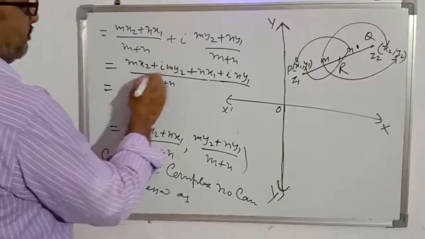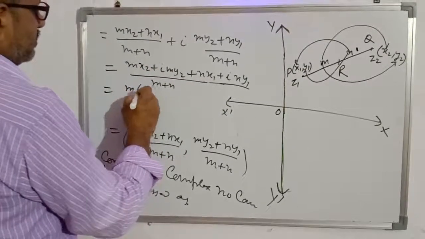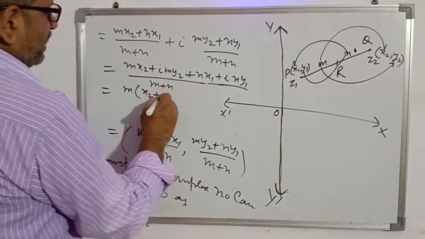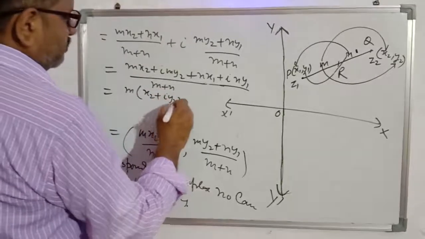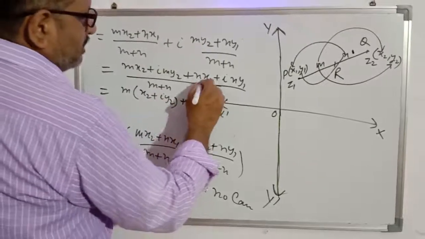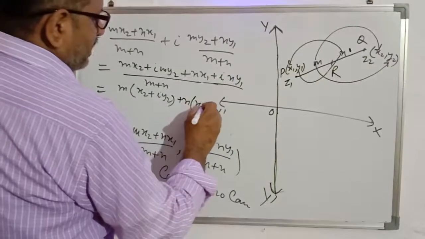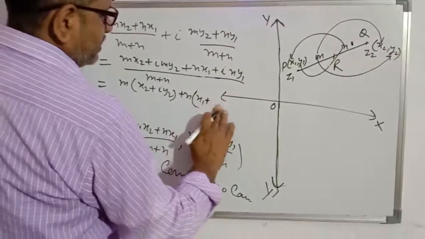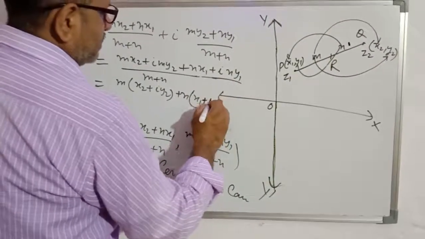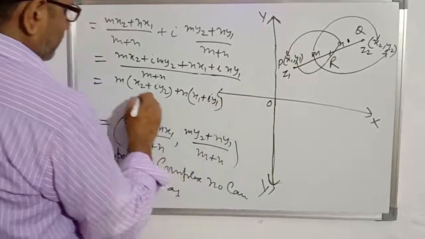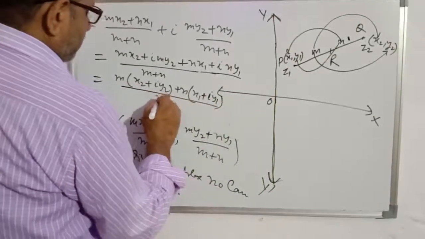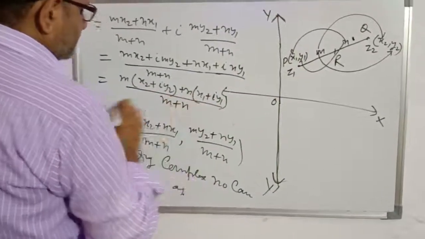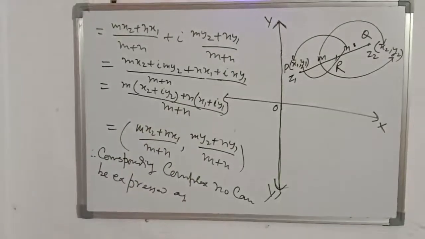We can take m common and n common, so it will be m (x2 plus i y2) plus n (x1 plus i y1), upon m plus n.